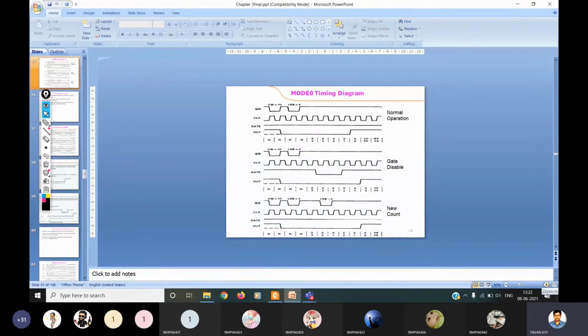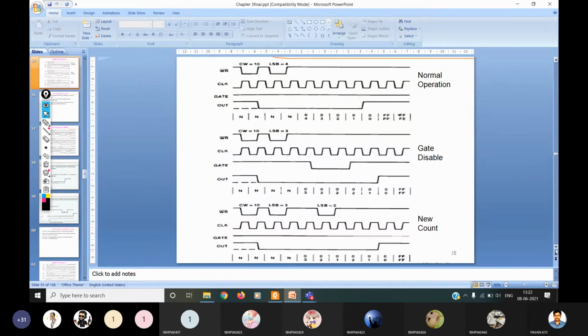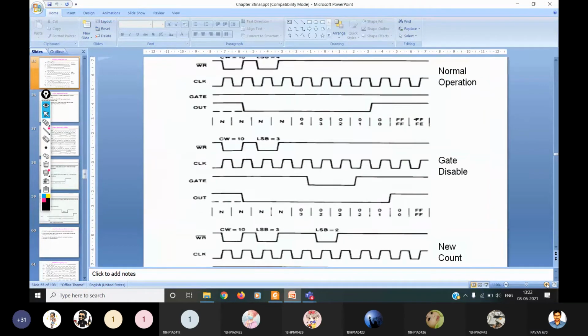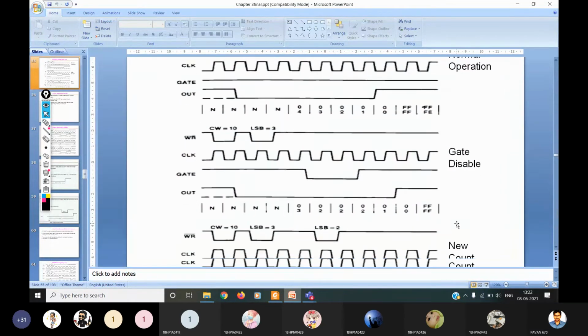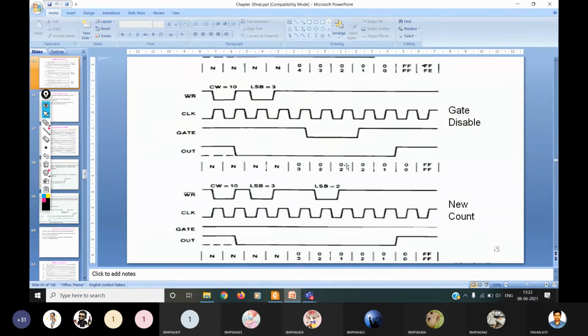Let's zoom this one. I think it is visible. Is it visible?